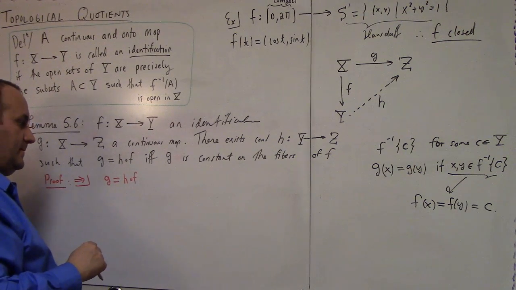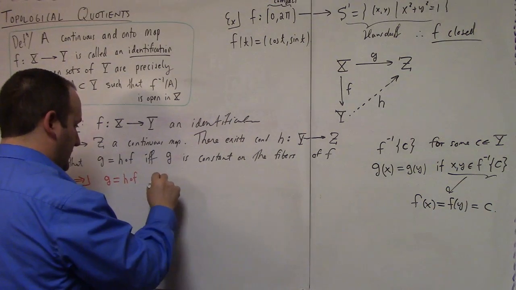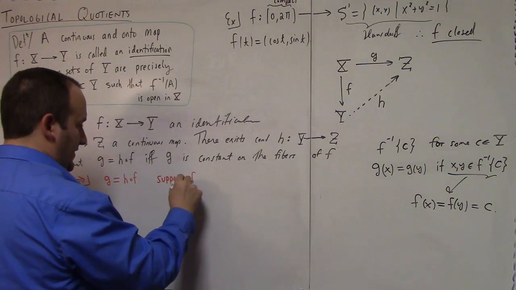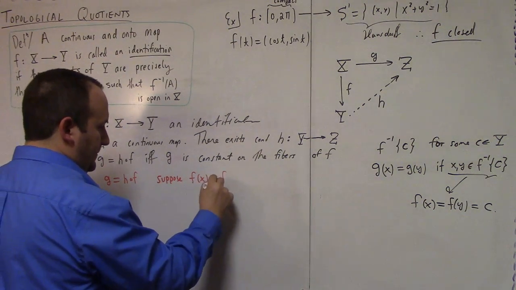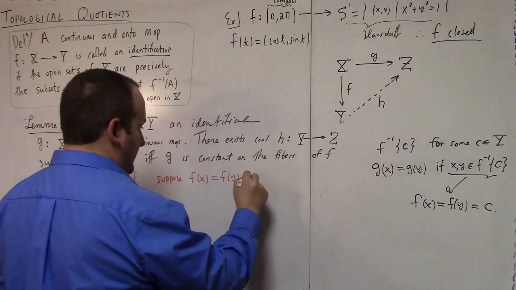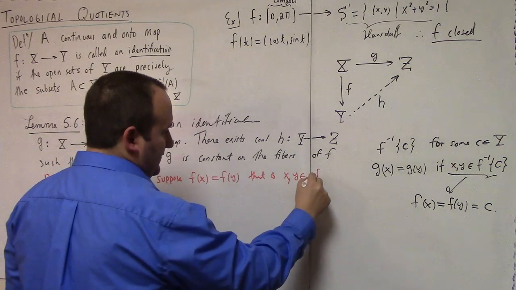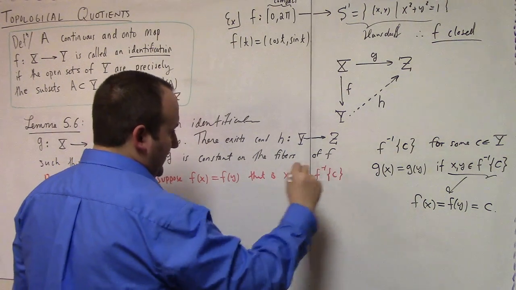So suppose f of x equals f of y. That would mean x and y are elements of some particular fiber of the f map.